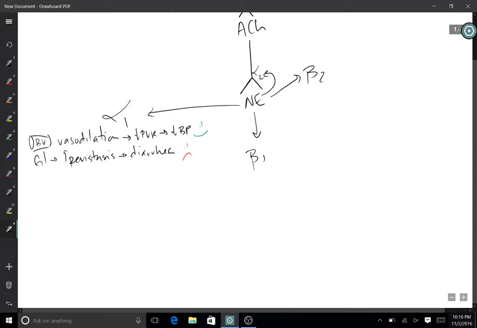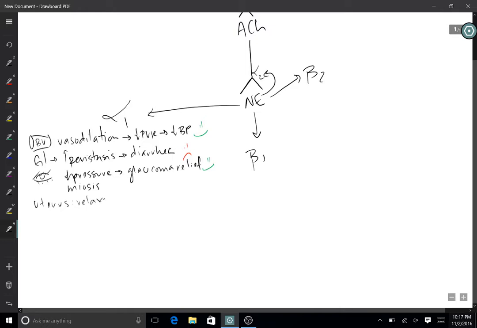At the level of the eye, what you have is decreased pressure. And you also see miosis. Now, the decreased pressure leads to glaucoma relief. And again, that's generally considered a good thing. In the uterus, what you see is relaxation.